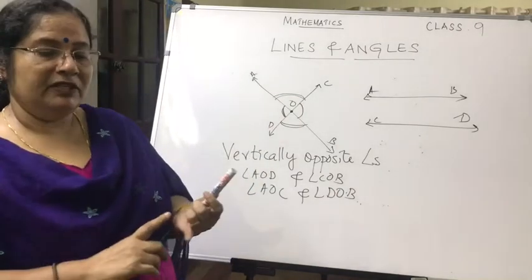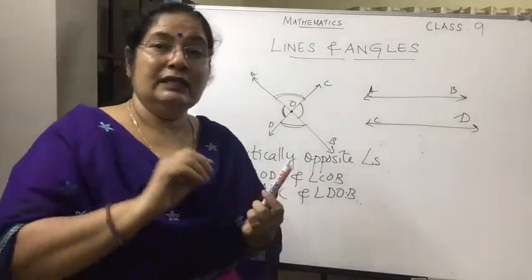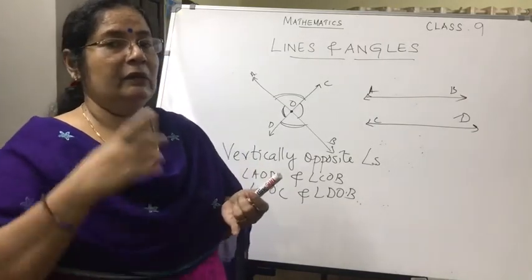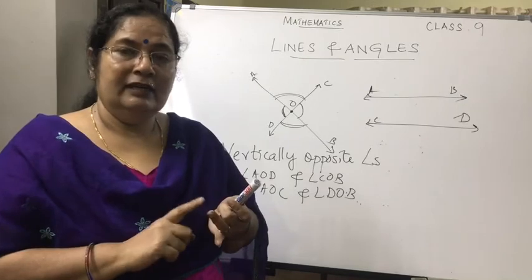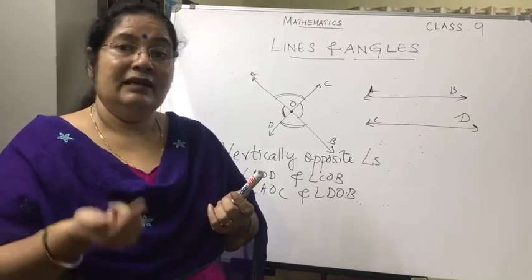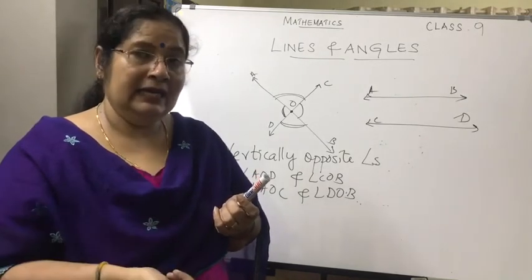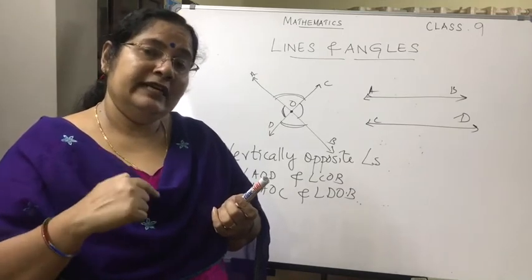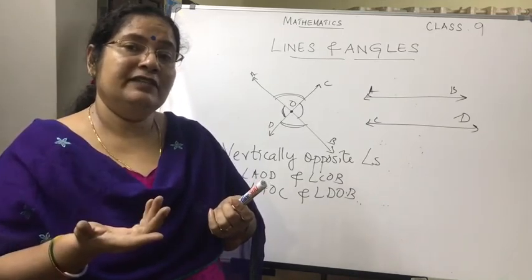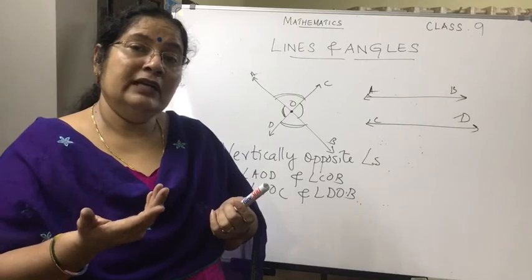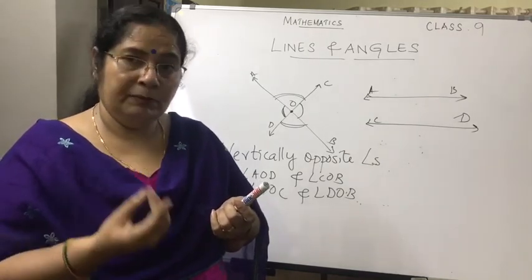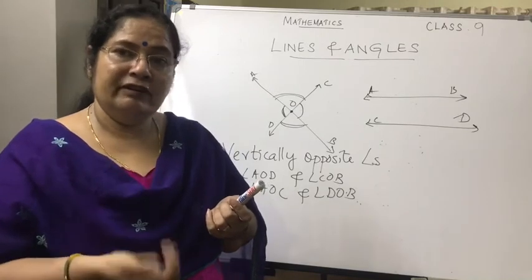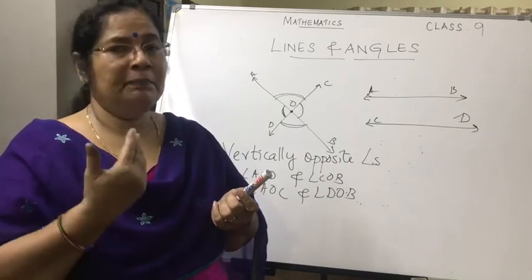One more time, I'll just be refreshing the terms only, not explaining again. Point, line, line segment, ray, angle, then different types of angles based on measurement: acute, right, obtuse, straight, reflex and complete.